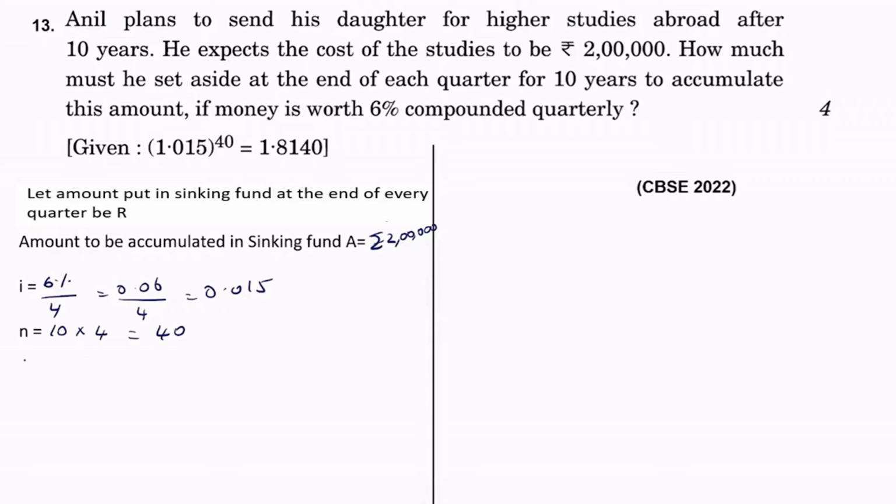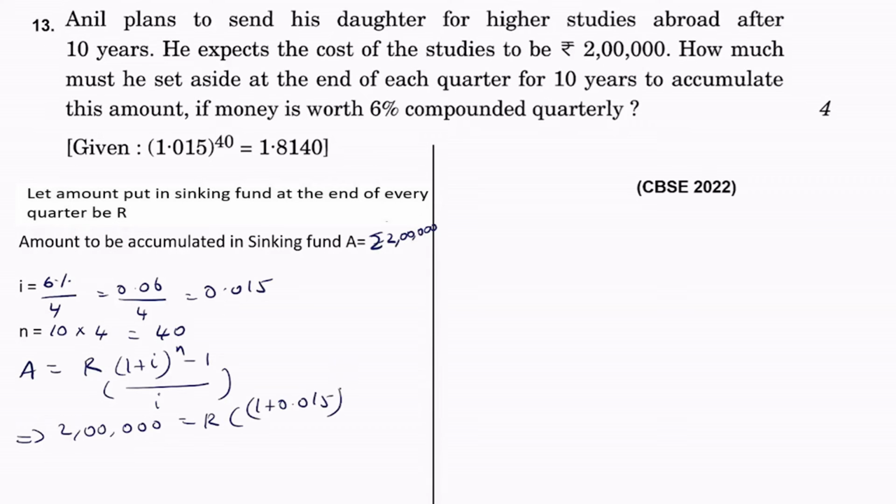So now we have the sinking fund formula. It is given by A equal to R into (1 plus I) the whole raised to n minus 1, upon I. This implies 2 lakhs equal to R into (1 plus 0.015) the whole raised to 40 minus 1, upon 0.015.